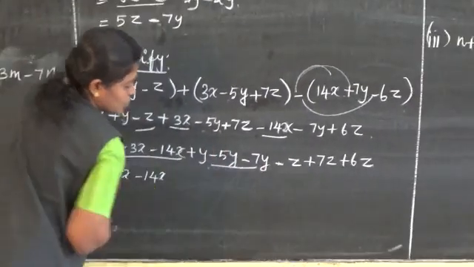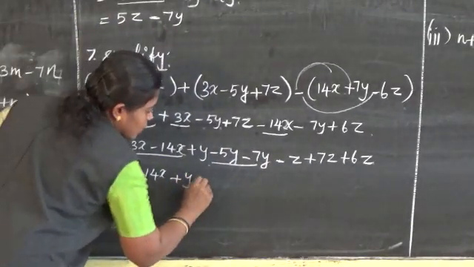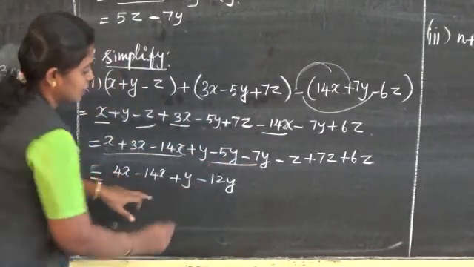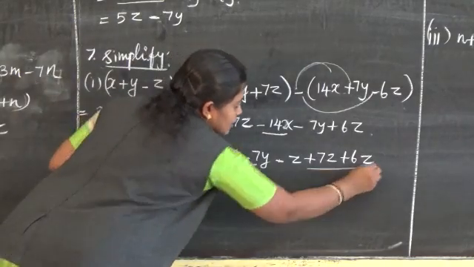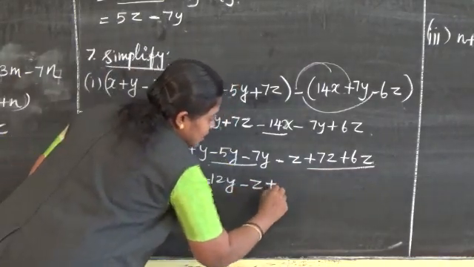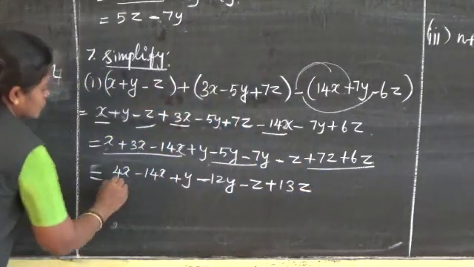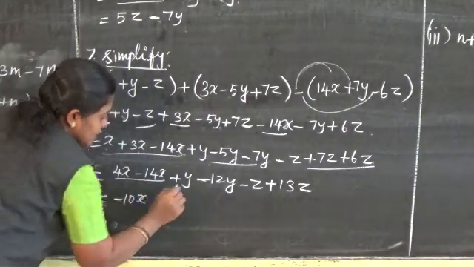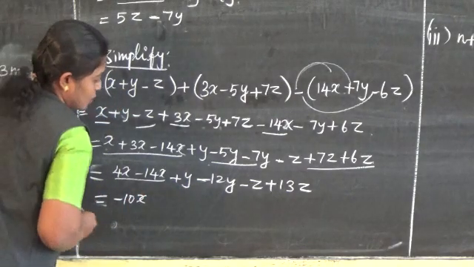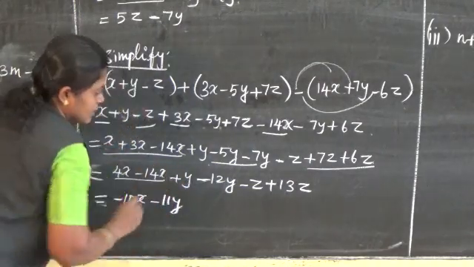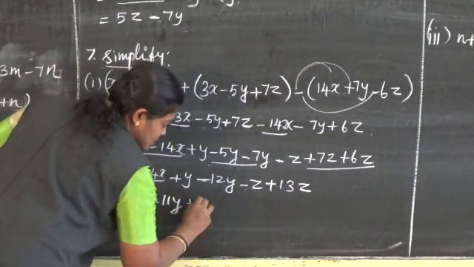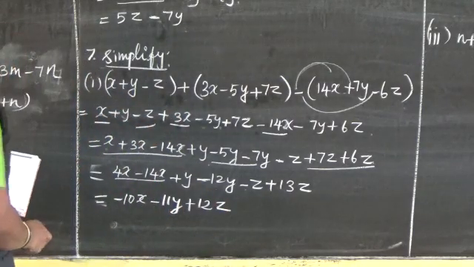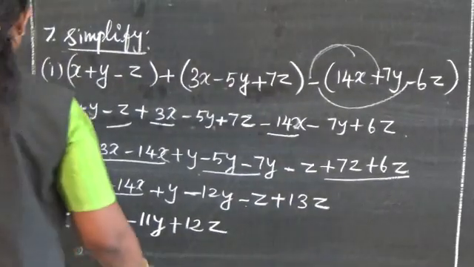First you add the like signs, so plus y, minus 5y minus 7y is minus 12y. Here these two are like signs, so minus z plus 13z. Now subtract 4x minus 14x, minus 10x. Here plus y minus 12y, minus 11y. Here minus z plus 13z, plus 12z. So the answer is minus 10x minus 11y plus 12z.